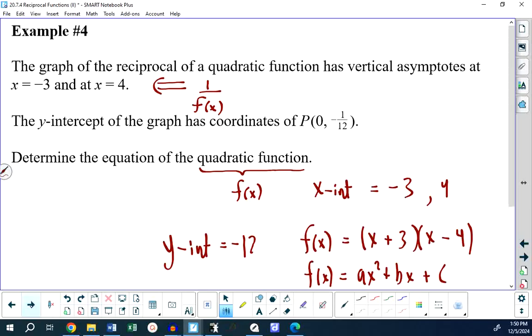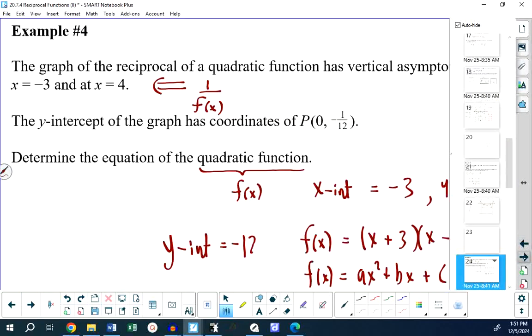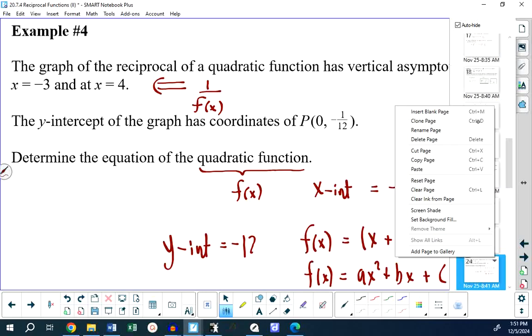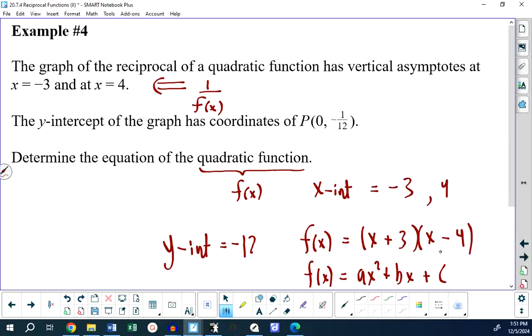What if I said, in an alternate universe, that the graph's y-intercept was negative 1 over 24?